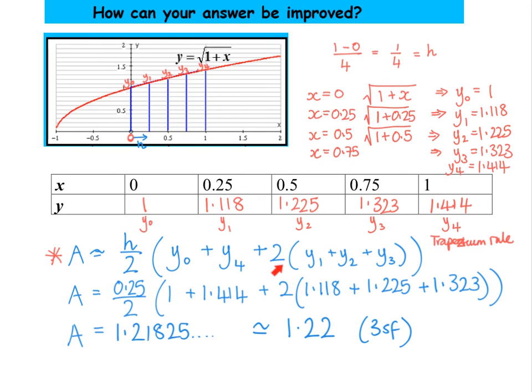And then you can see from the table how we substitute that in. That's simply because we really don't know how to integrate the square root of 1 plus x, so we need numerical methods to help us out with this one.